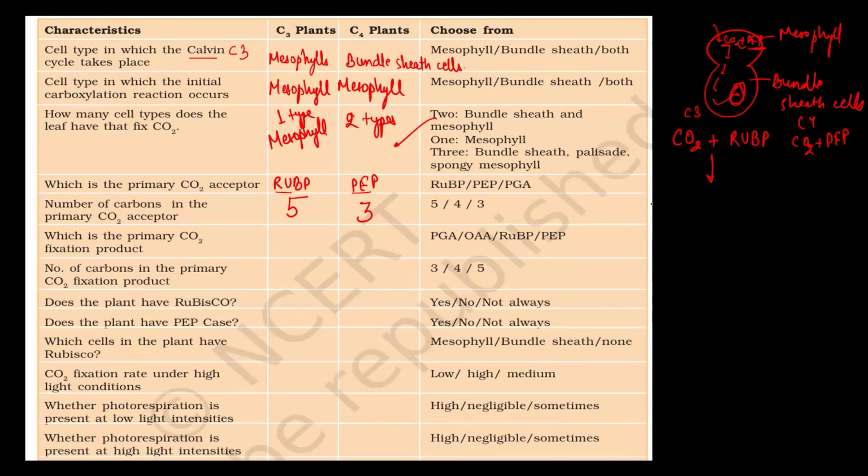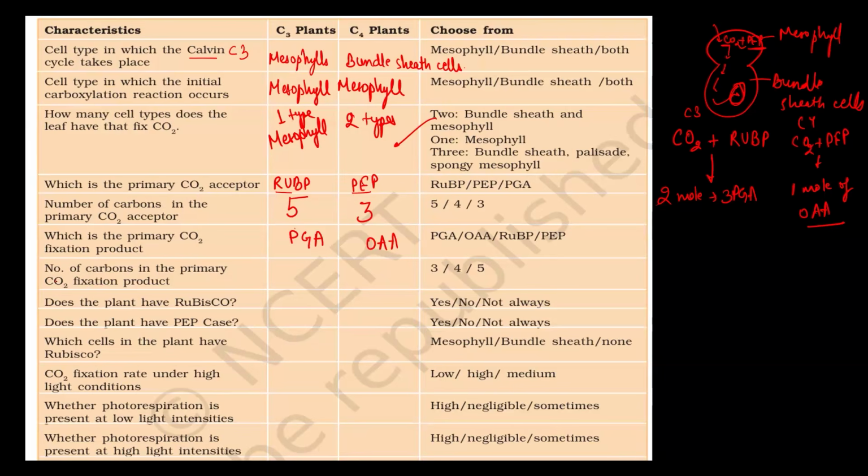It forms two molecules of 3-phosphoglyceric acid, it forms two molecules of 3-PGA, right? And this, what does it form? It forms one molecule of oxaloacetic acid, right? So which is the primary CO2 fixation product? So the first product or the primary product is what? In this case, it is PGA, and in this case, it is oxaloacetic acid. That is OAA. Okay.